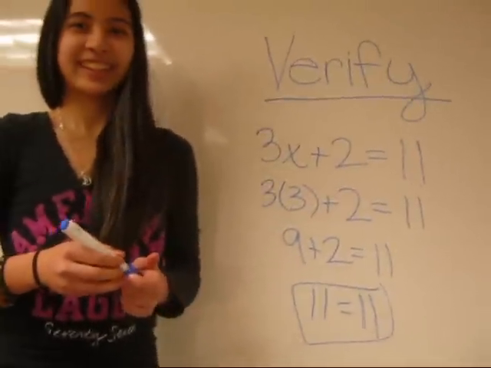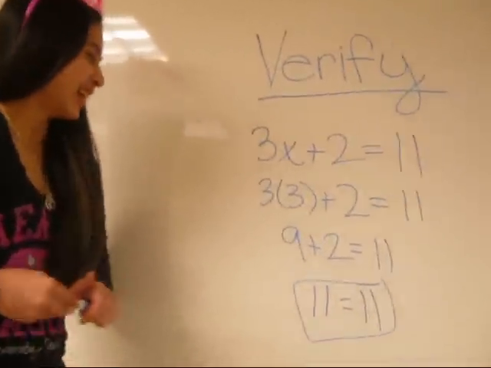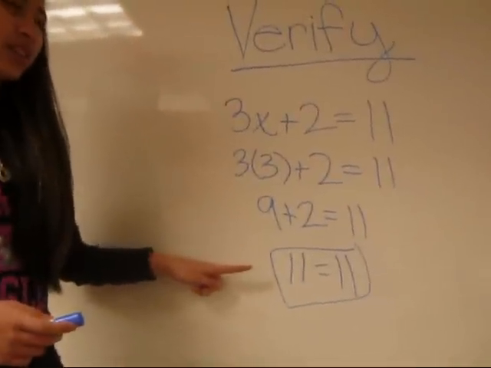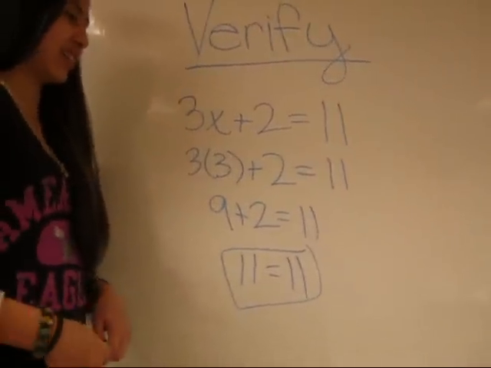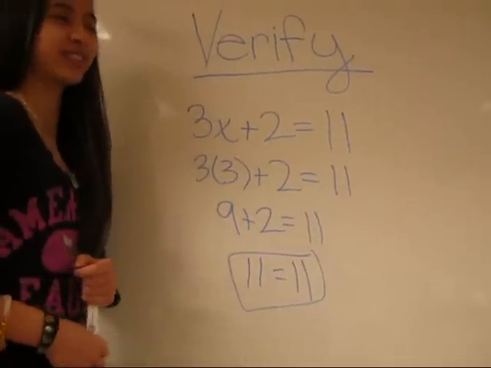Oh my gosh! You're right! So if this is not equal, it means our answer was wrong? Yep, it means you'll have to go back to the drawing board. Oh.